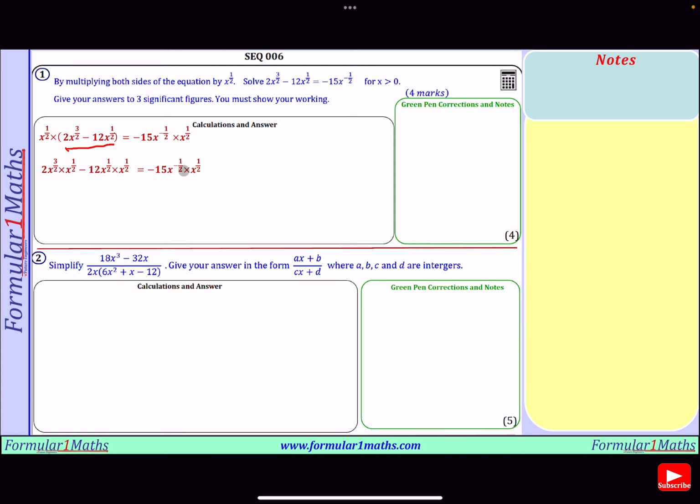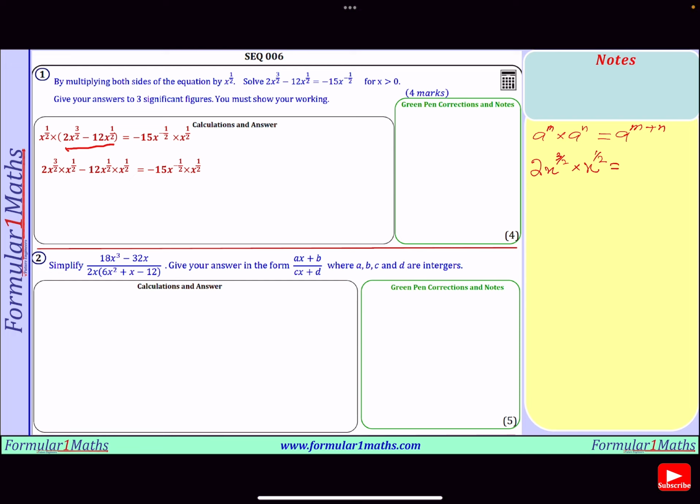Using the laws of indices, specifically, a to the power m times a to the power n is equal to a to the power m plus n, I can simplify all these terms. So let's simplify the first term, which is 2x to the power 3 over 2 times x to the power half.